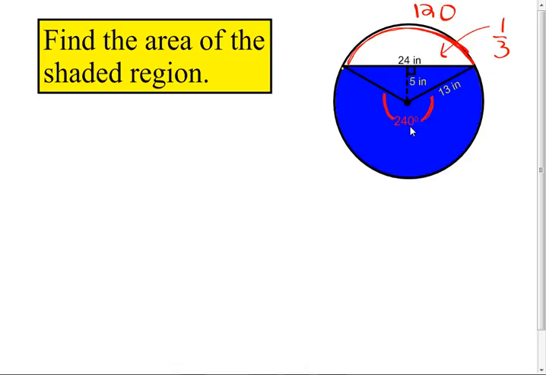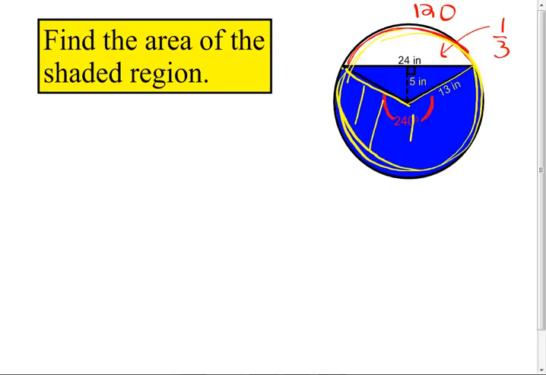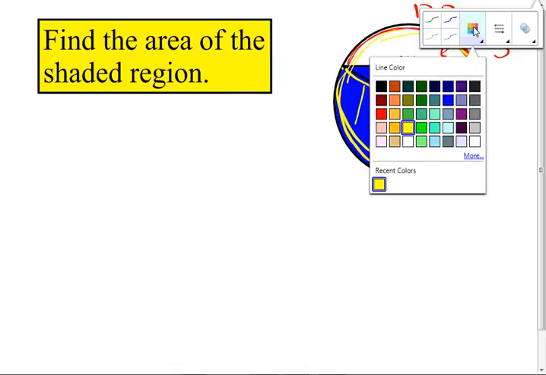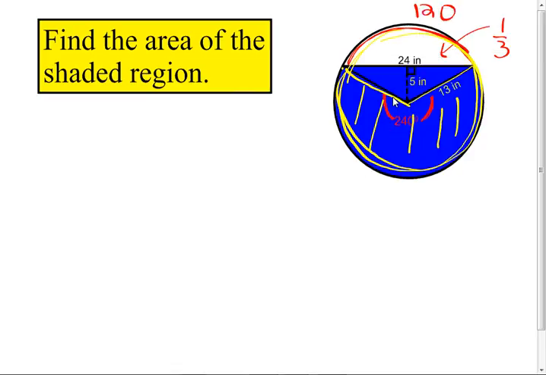I could take the whole circle and subtract the segment, which we just had, or I could take this sector, which is 2/3 of the circle, and then add base times height, and then add this triangle, because this was 240.